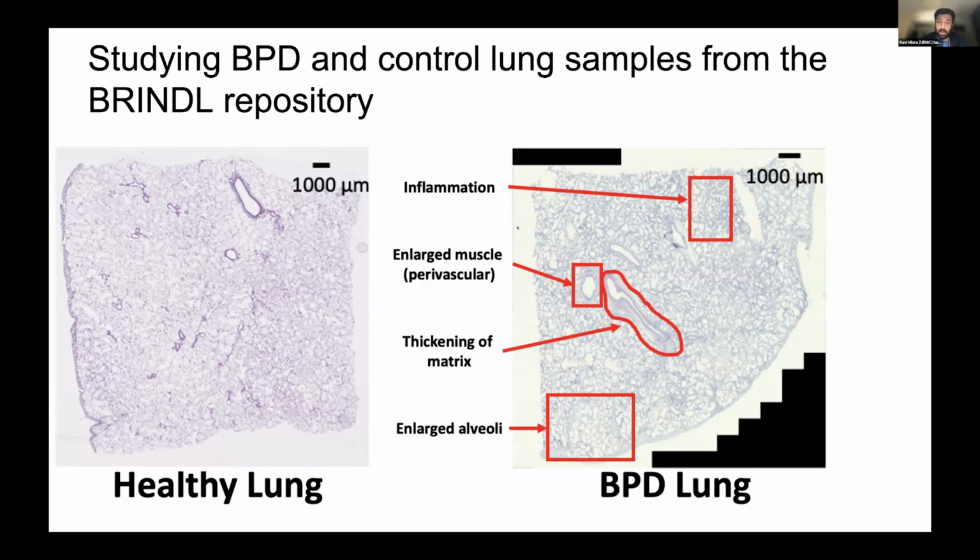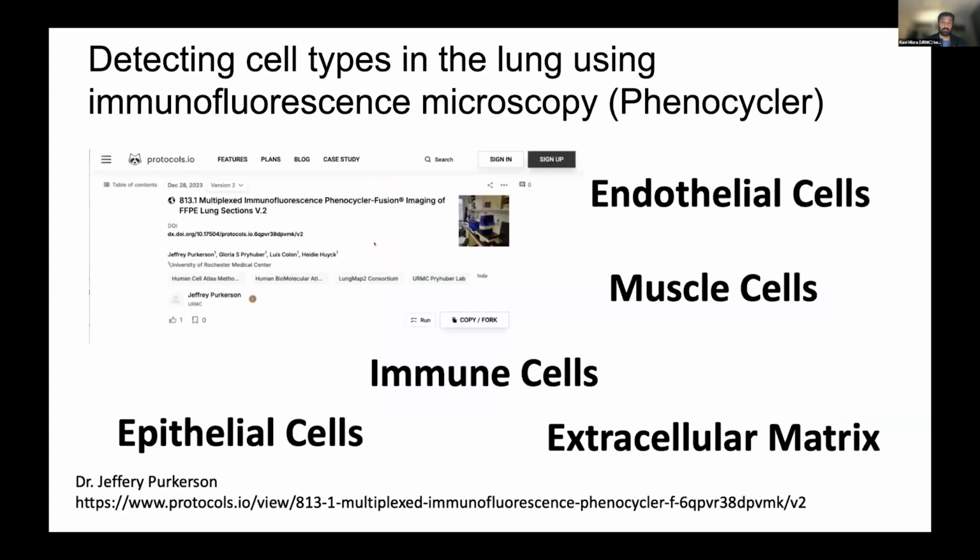This shows some of the samples we've generated and analyzed using Codex: areas of inflammation, enlarged perivascular muscle, thickening of matrix, and enlarged alveoli, really recapitulating what is in the literature.